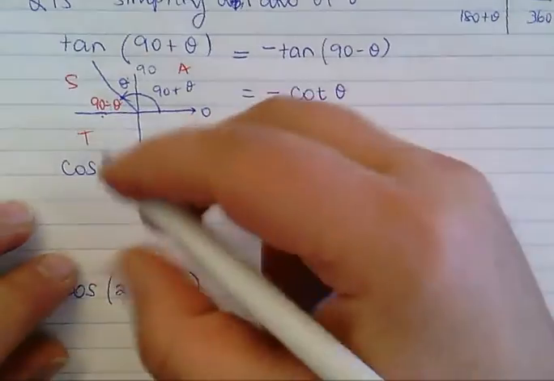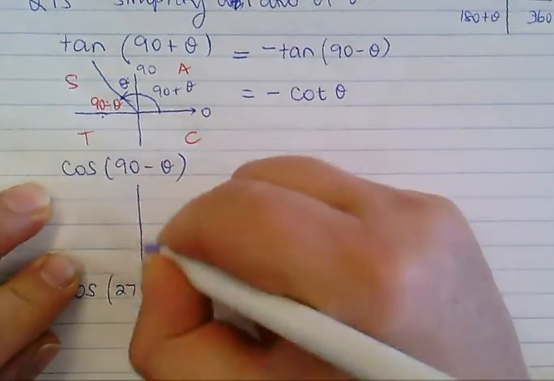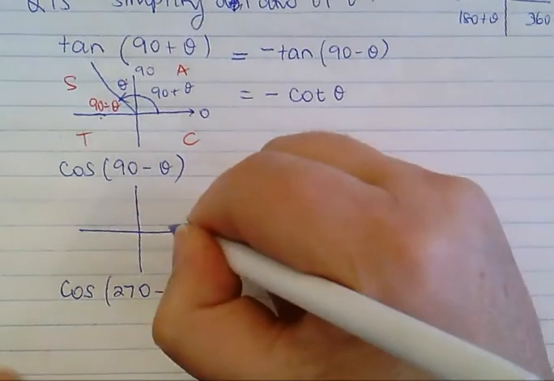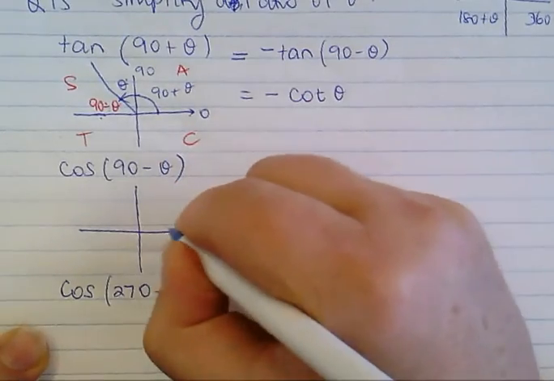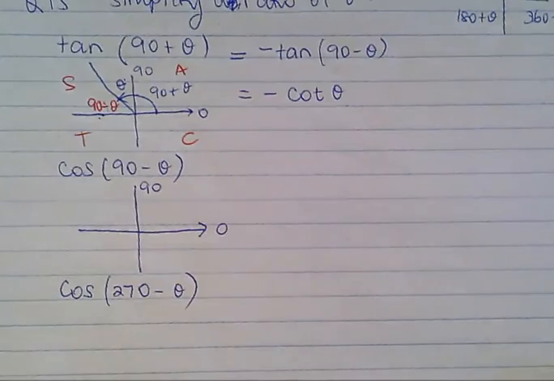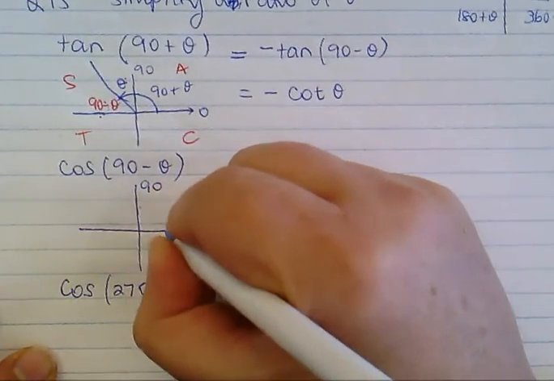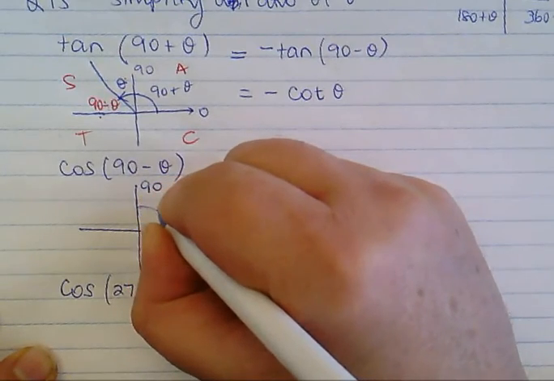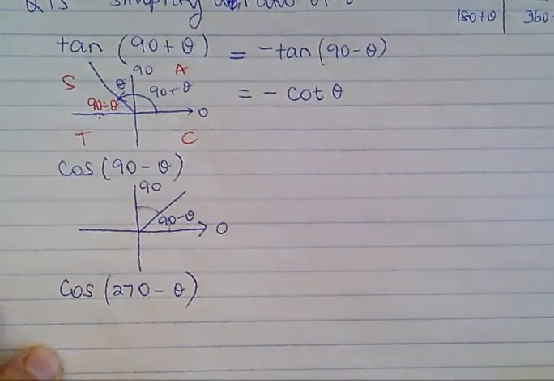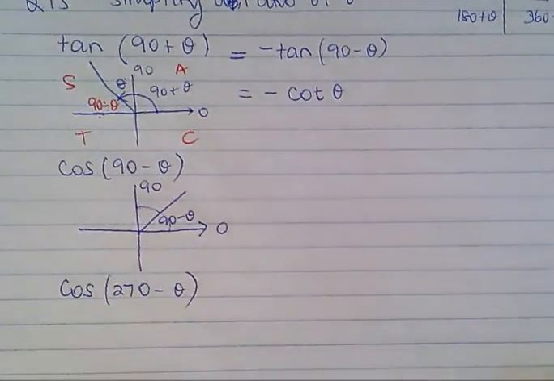Right, this one. Cos of 90 minus theta. We've never talked about 90 minus theta, only 180 minus, 180 plus, but where is 90 minus theta? Well, we start from the positive x-axis, and I travel 90 and come back theta. There's 90, but come back theta. This is 90 minus theta. Do you get that?